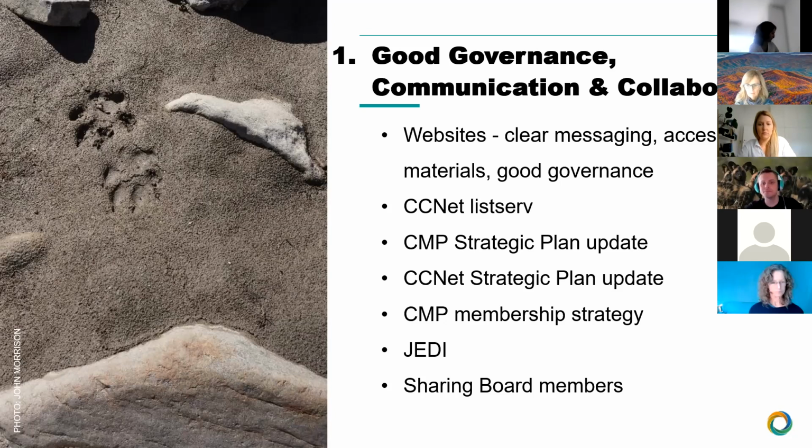And it also does support our governance, and we can show, for example, our charters up there, our strategic plans, what we're trying to do, both of which have also been updated in recent times for CMP and CCNet. And other things just to mention in terms of governance. Under our MOU, a representative of the CMP board sits on the CCNet board, and a representative of the CCNet board sits on the CMP board, just to give us good collaboration across.